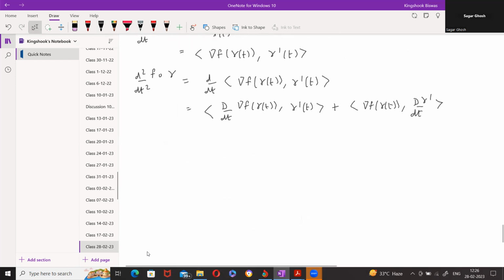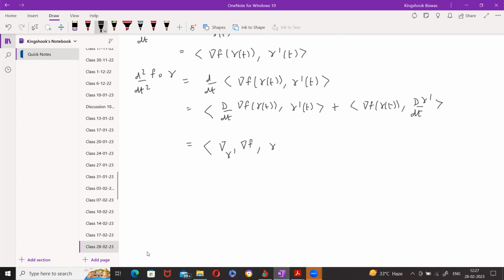And what is the first term going to be? Well, this grad f is a vector field on the manifold. So if I'm restricting it to the curve gamma and I take its covariant derivative along gamma, then by the compatibility property of the covariant derivative along a curve, this is the same as nabla sub gamma prime of grad f, right?